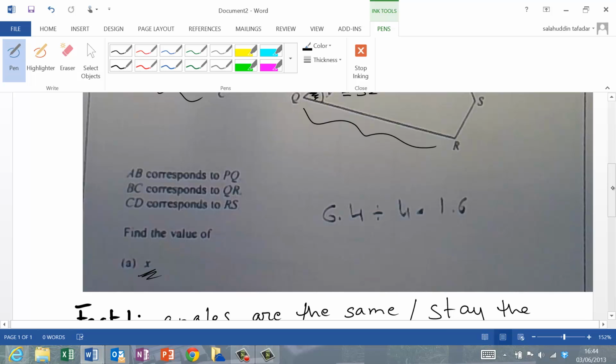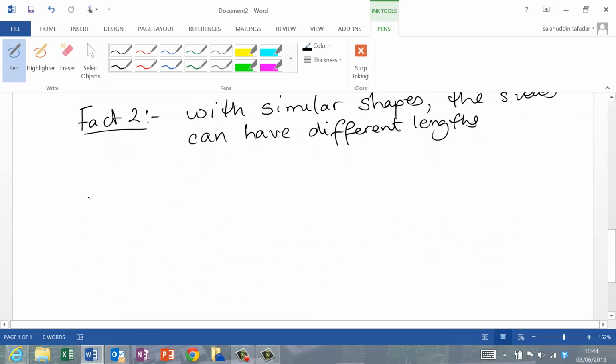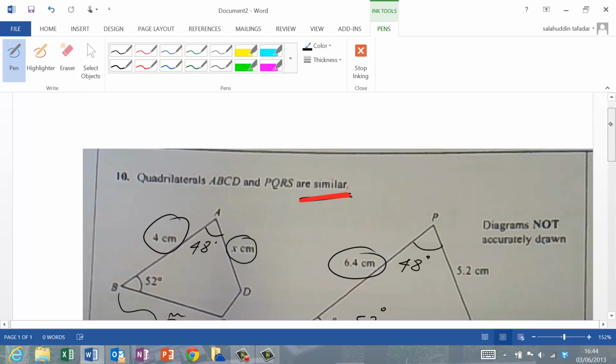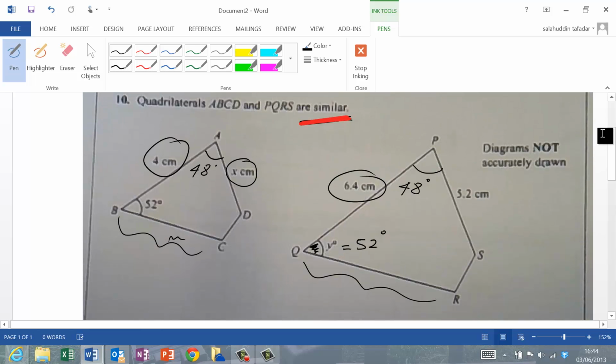So how do I do this? Step 1, you find two known sides. If we look at the diagram, what are the two sides that are given to us?